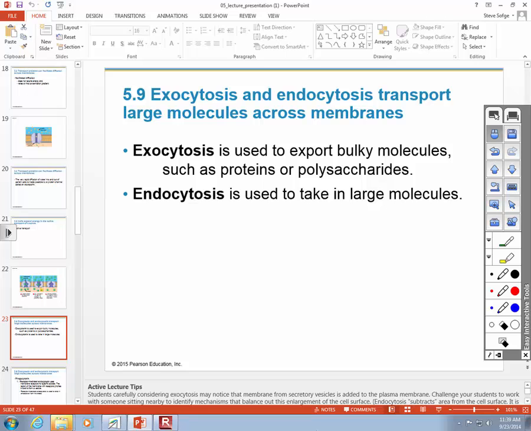So, for an example, this happens when a white blood cell, so let's say this is a white blood cell, WBC, and your white blood cells are, of course, some of them designed to destroy, eliminate, get rid of things that you shouldn't have in your body.